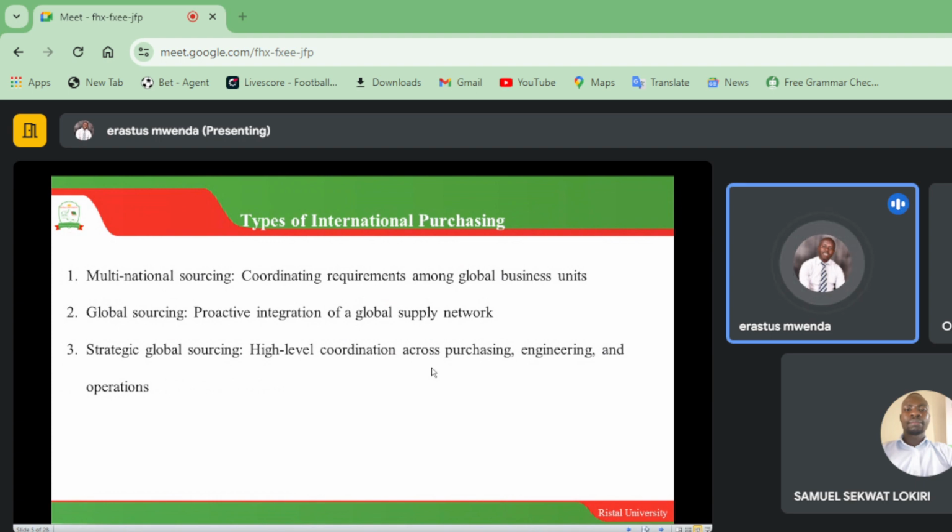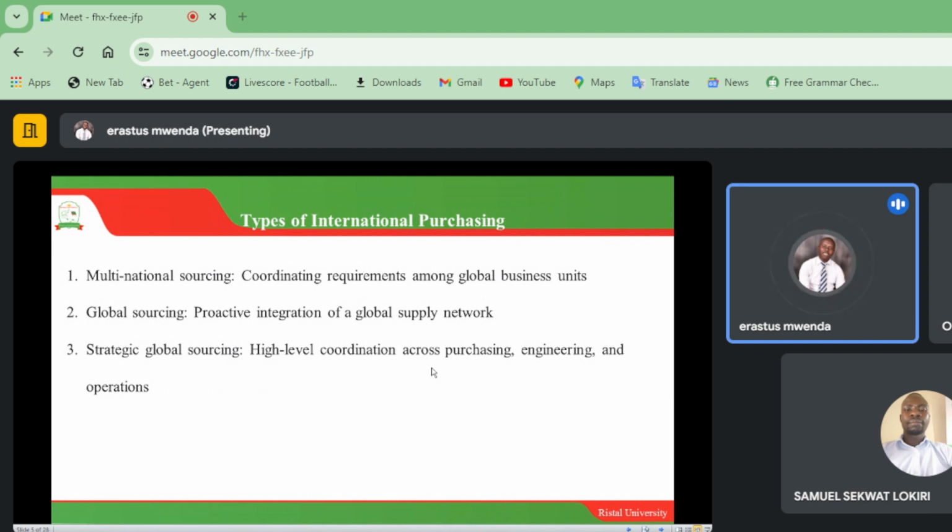We can also define it as seeking suppliers and resources from multiple countries. That simply means that you have diversified your supplies, and therefore many more goods and services that you could receive from multinational sourcing, like we have said, may be of good quality.